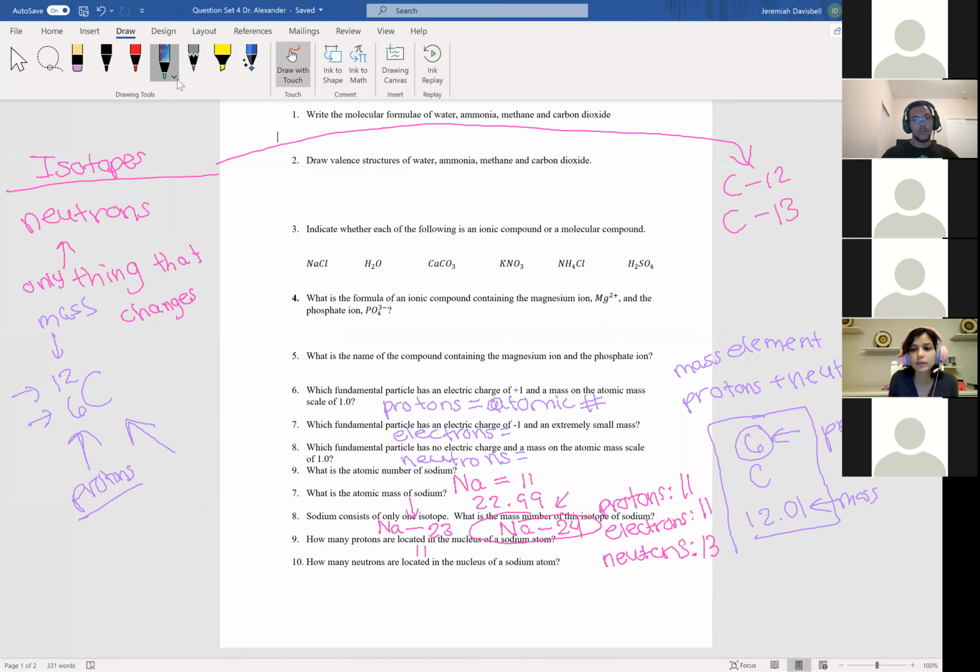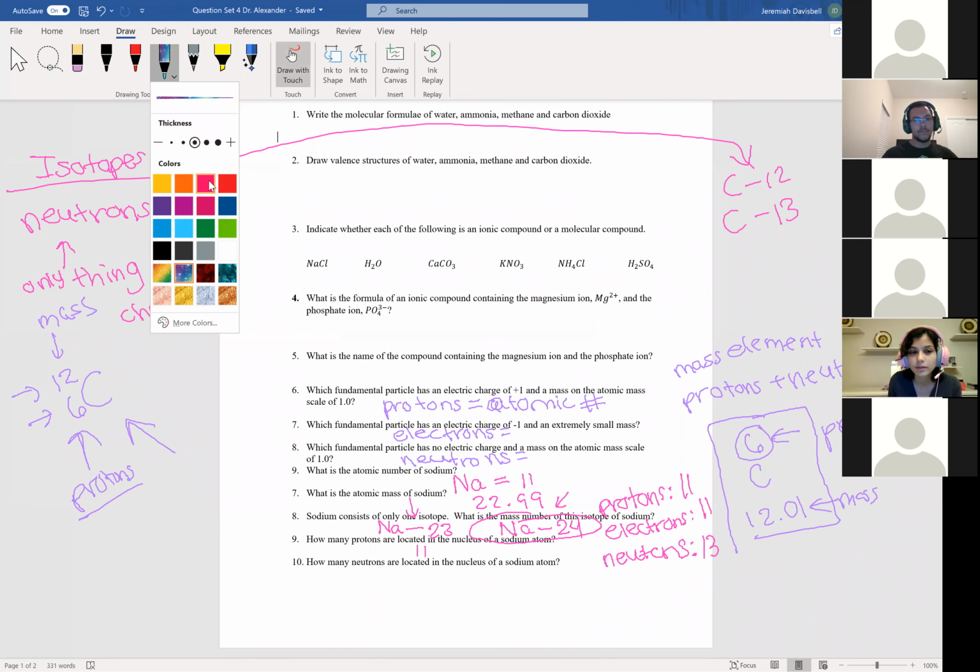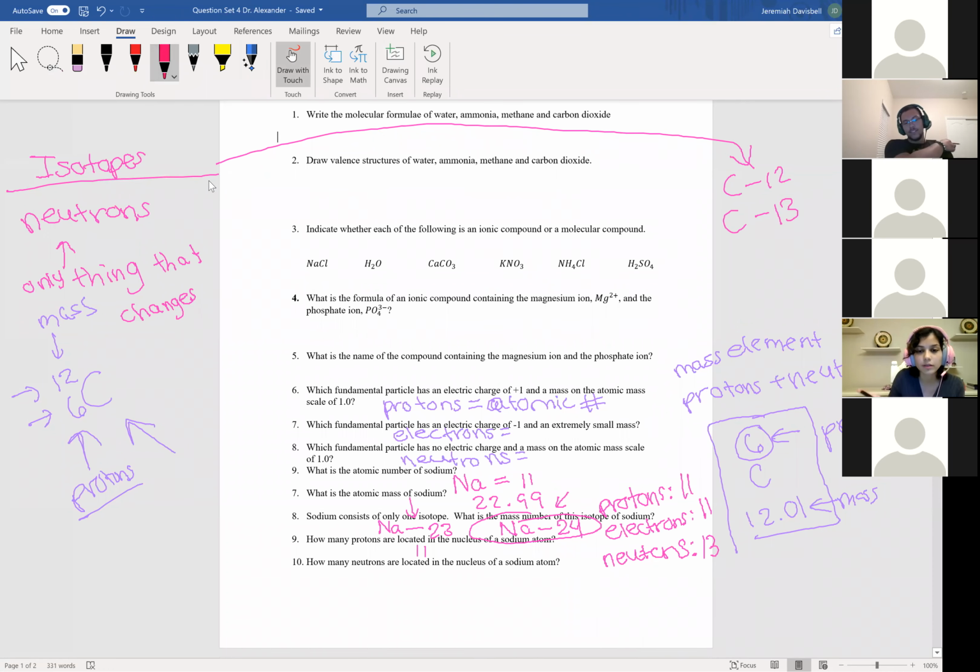No, we're looking at the actual atom, just the neutral one. So sodium 23 basically. Oh, okay. So you would have 12. Yeah, 12.